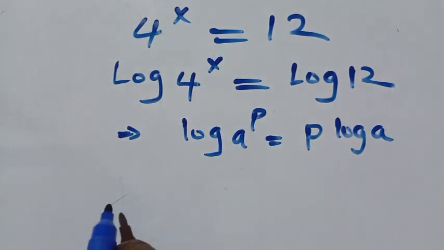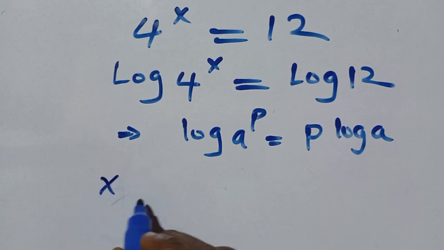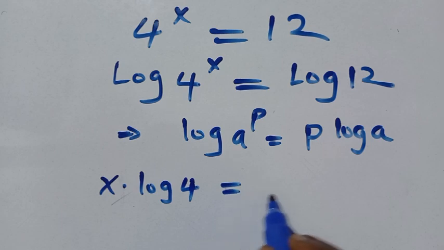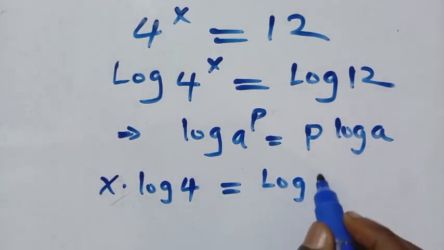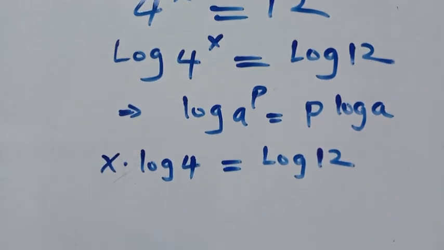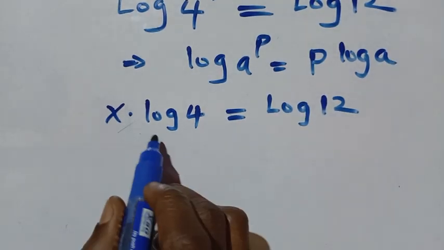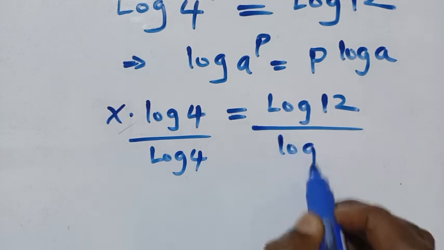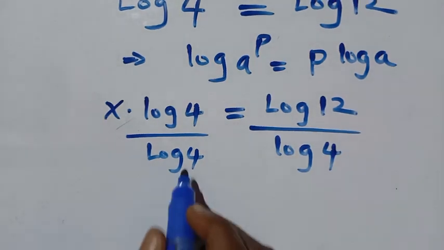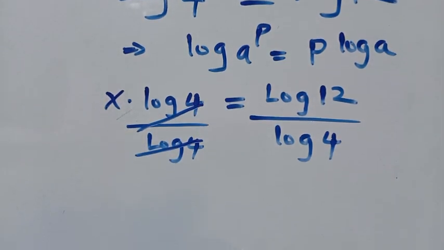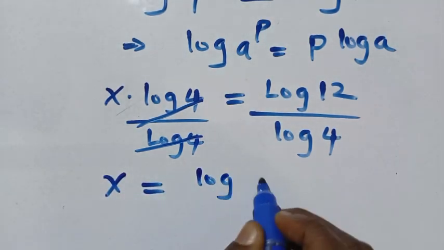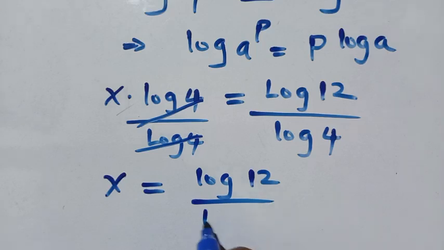So when we apply it here, we have x multiplied by log 4 equals log 12. Let's divide both sides by log 4. So log 4 cancels log 4, and here we have x equals log 12 divided by log 4.